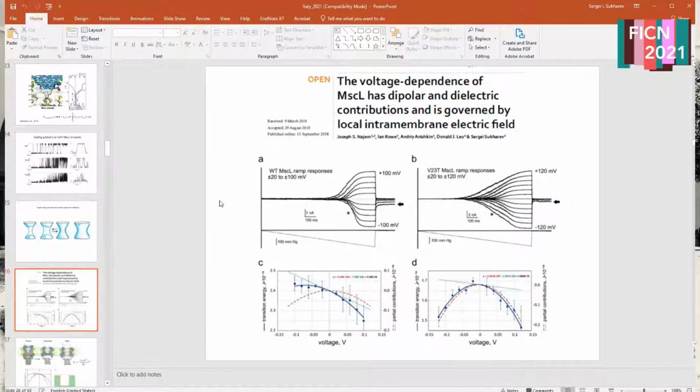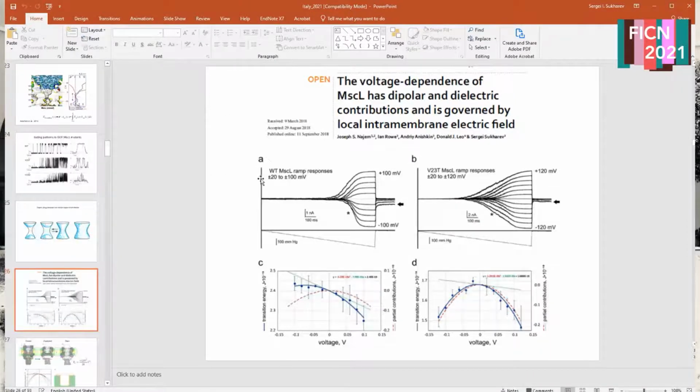Here's another little deviation in my story. It's a relatively recently published paper with Joseph, my good bioengineer buddy. What we found is that voltage affects, I wouldn't say strongly, but noticeably, the energy of the transition.